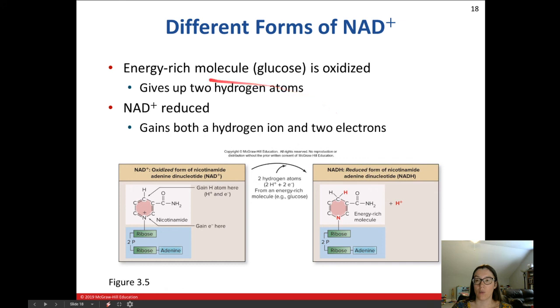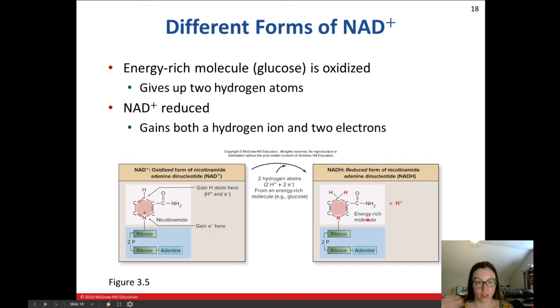What happens is that this oxidized form right here can accept electrons from other energy-rich molecules. And then once it accepts the electrons, it becomes itself energy-rich, so that it becomes reduced, and that reduced form is energy-rich. So it's kind of holding on to that energy.